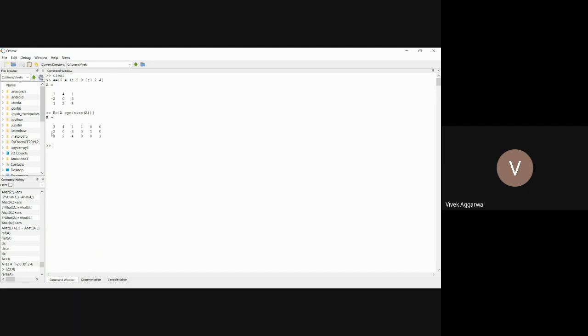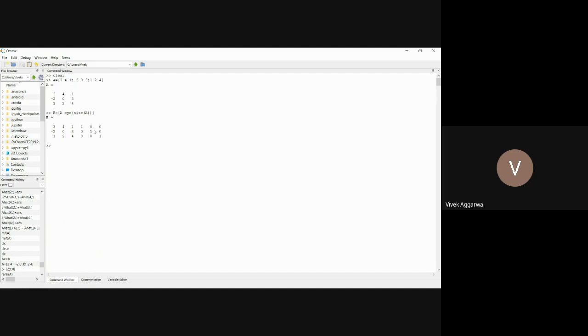The first part of this matrix is 3 by 3, whatever the A is, and this is my identity matrix. Now I can apply my Gauss Jordan form. Basically, we are reducing the matrix A into the row reduced echelon form, and ultimately the identity matrix will become the inverse.